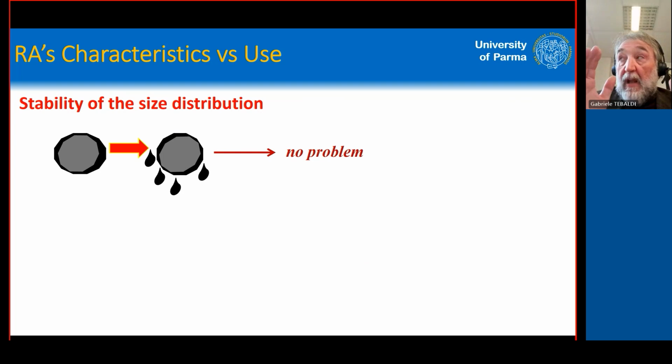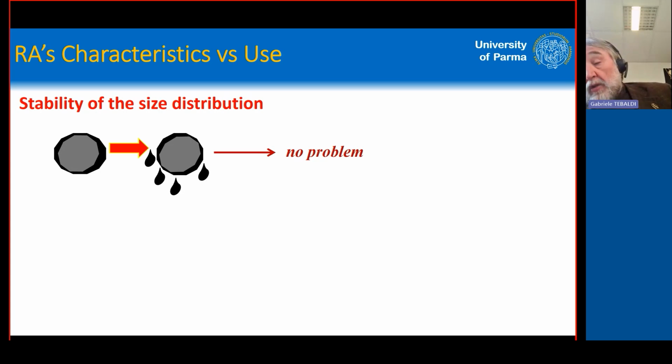And what do we have there? In terms of the stability of the size distribution, I like this concept because we have to remember that, as I mentioned before, we have some changes in the size distribution. So for a good mix design, we need to understand if the size distribution of our RAP is stable or not. Why that?